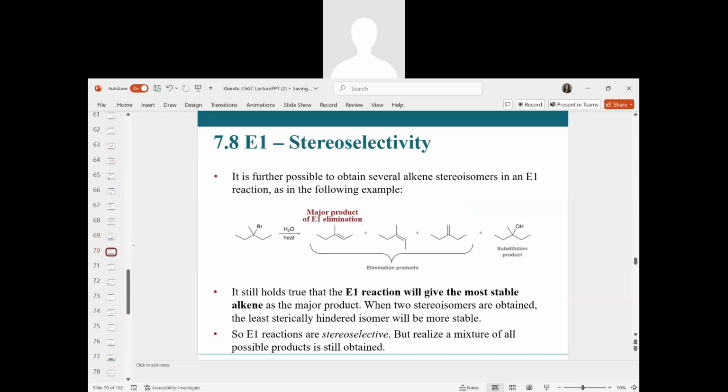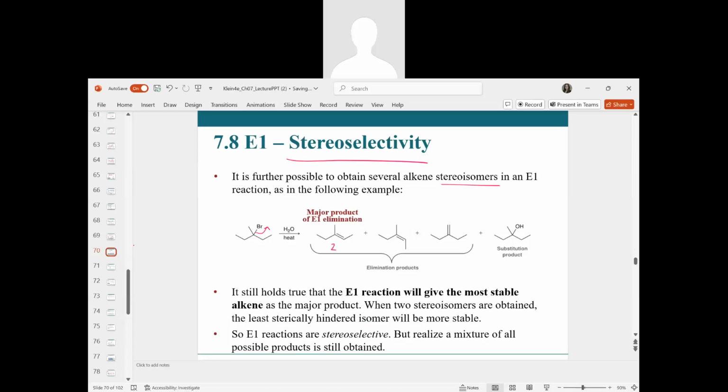We should also consider the stereochemistry and stereoselectivity of reactions, depending on our different possible stereoisomers that can exist. So we would have this leaving group and generation of a carbocation. Here we can have our major elimination products seen here.